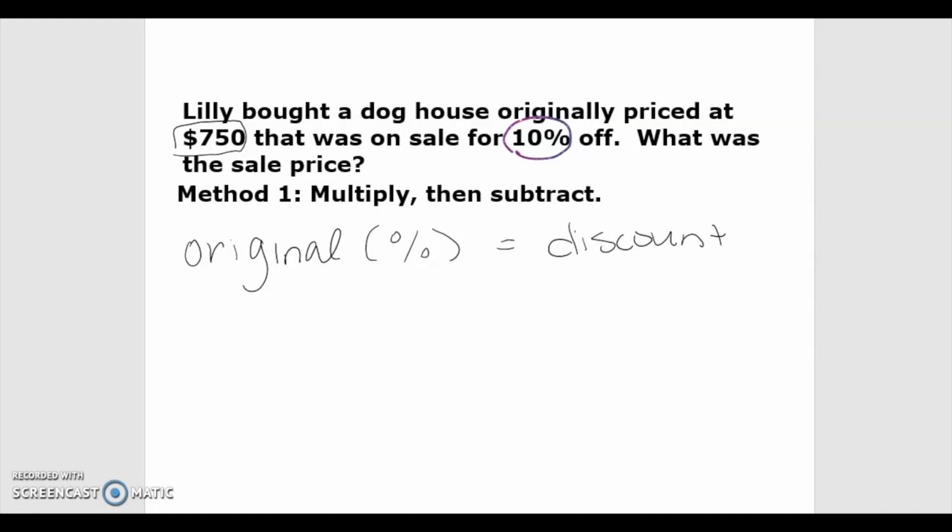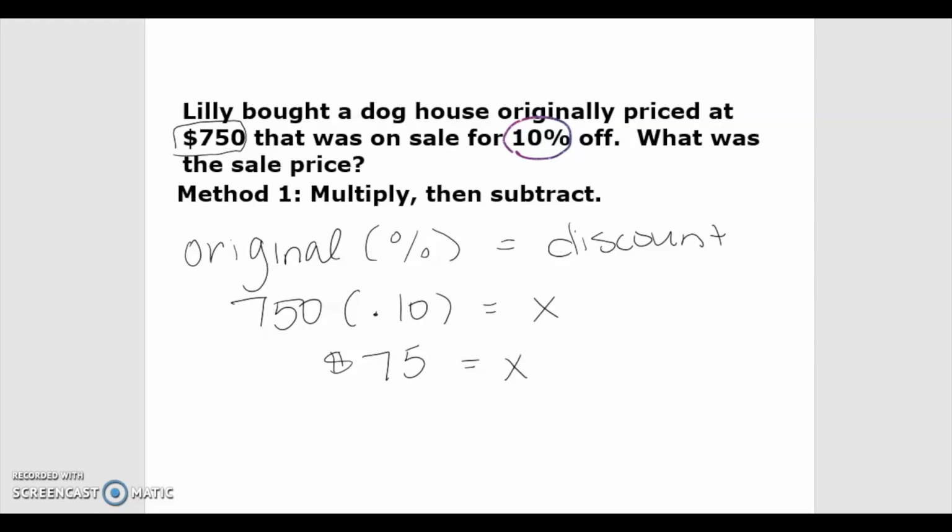In this problem, our original amount is $750. We multiply that by 10%, and that gives us the discount. When we multiply, we get a discount of $75.